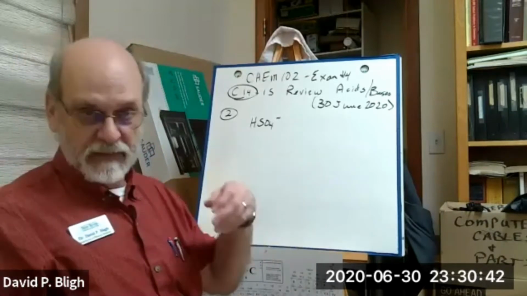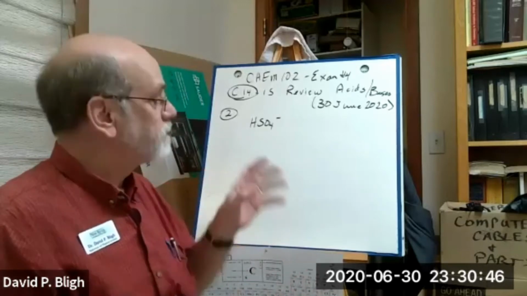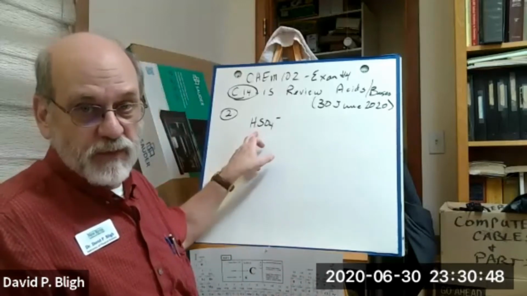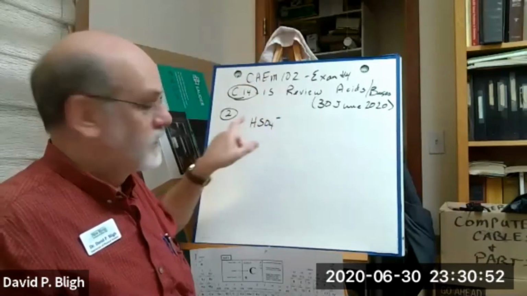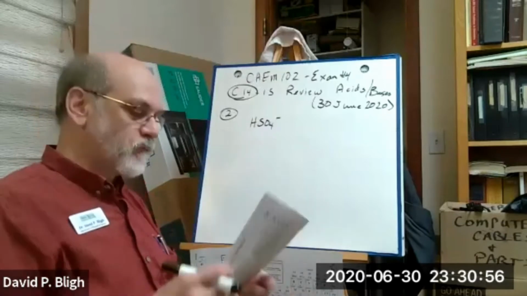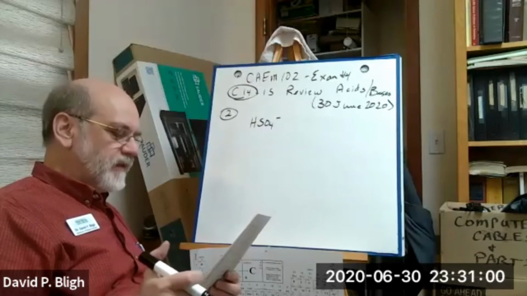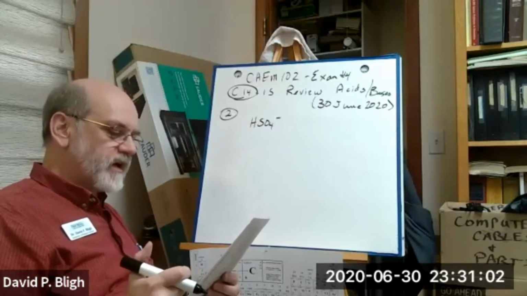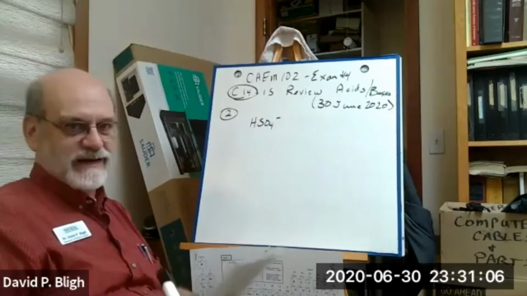Which means, according to Bronsted and Lowry, since this is aqueous solution, it can either give up that proton or it can accept a proton from water and make H2SO4. Okay, so that's given. The question is, in which of the following equations does HSO4 minus act as an acid?